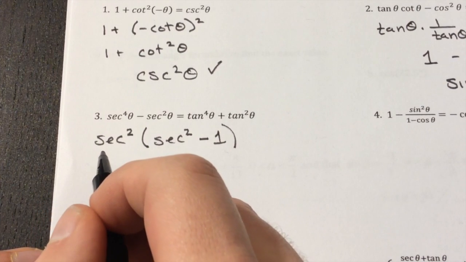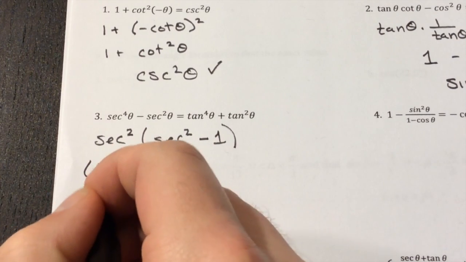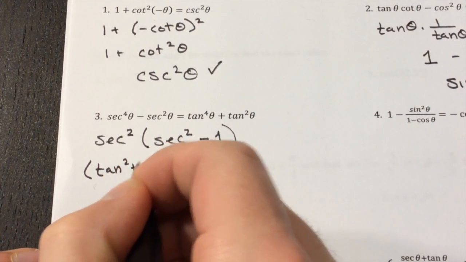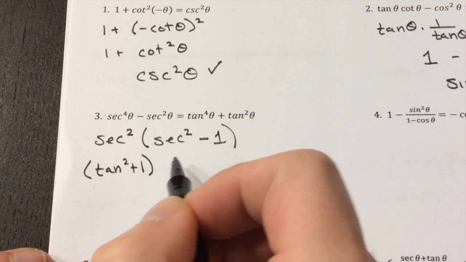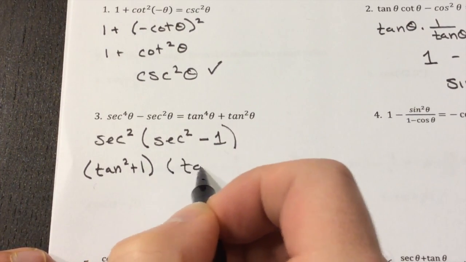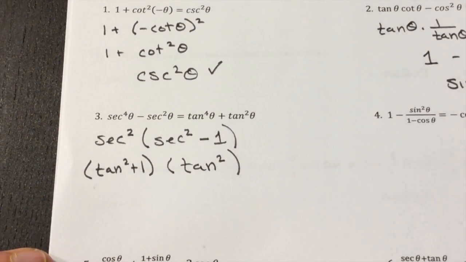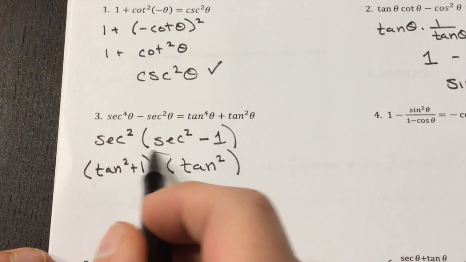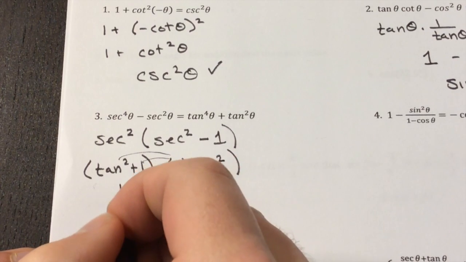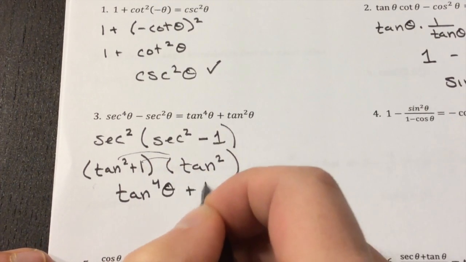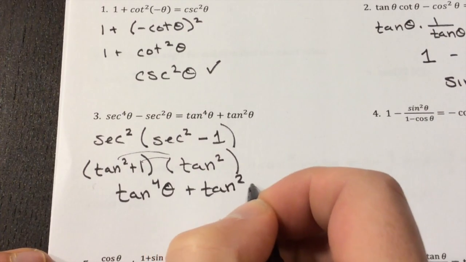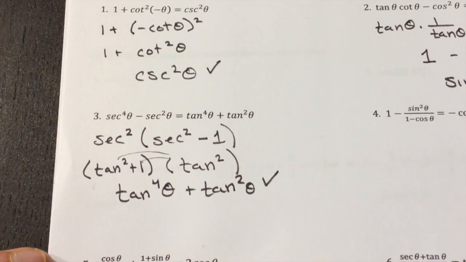We see that secant squared is the same as tangent squared plus 1. And we also can see that secant squared minus 1 is the same thing as tangent squared. Now if I distribute this tangent squared back out, I get tangent to the 4th theta plus tan squared, which is exactly what we want.